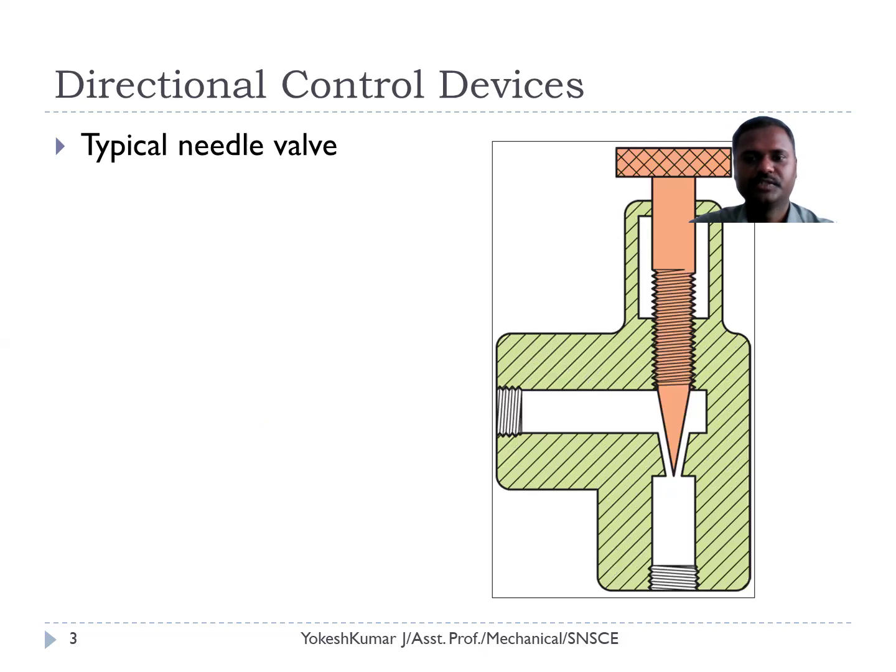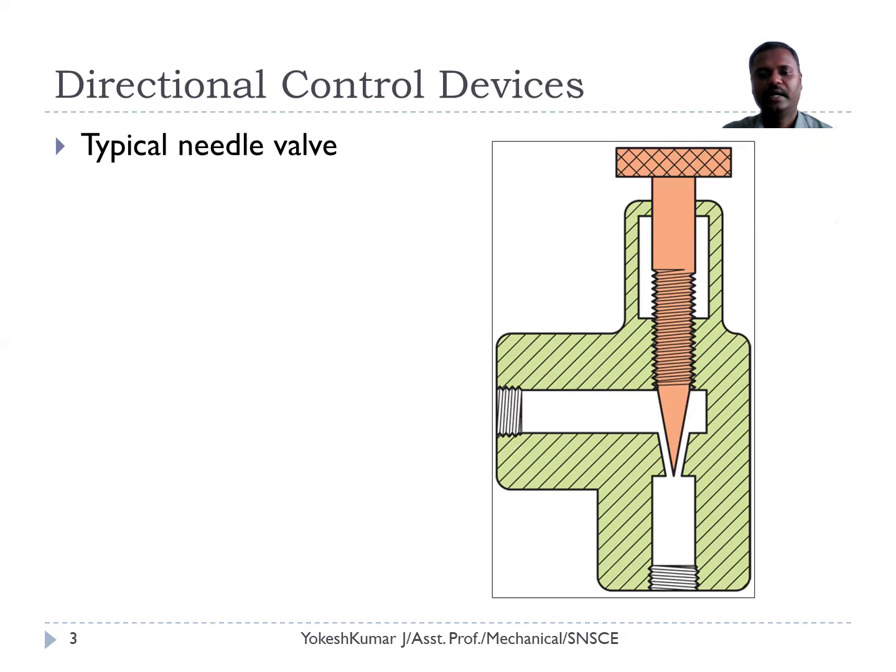And this type of valve is called a needle valve. So why is it called a needle valve? Because the needle is used to control the flow. So it has a body, and the inlet and outlet ports are at right angles to each other, which means 90 degrees to each other.